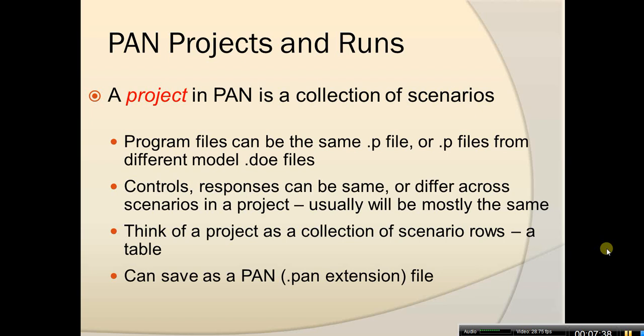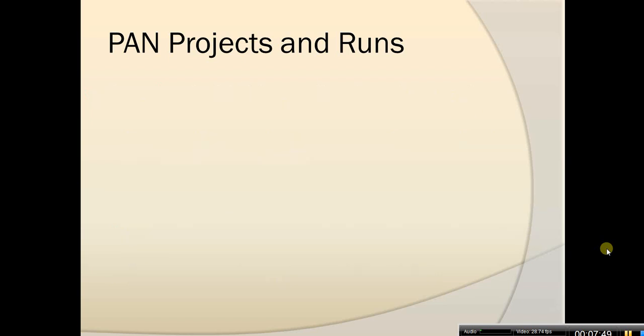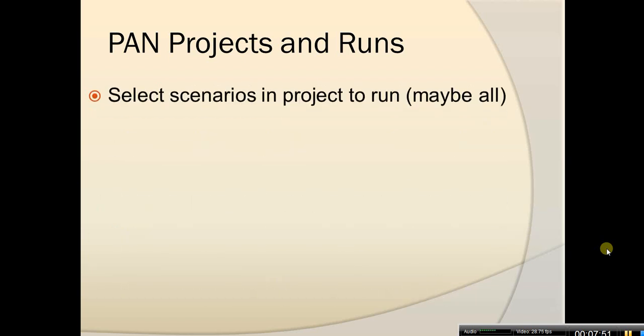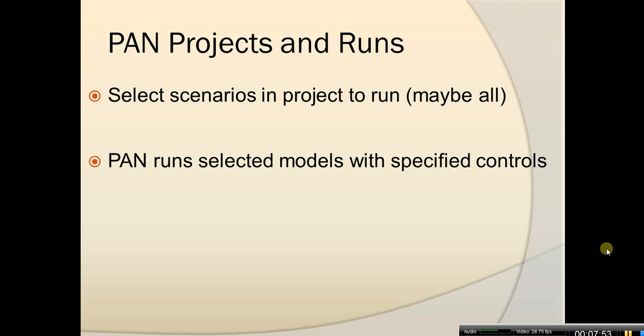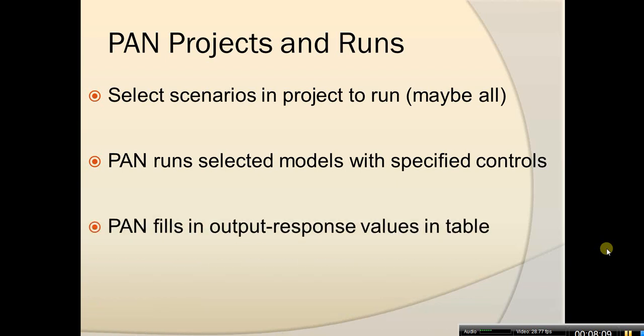And then you can save this project as a file with extension .pan, and that's your process analyzer file. So again, we can select scenarios in the project to run, and we have this advantage because the process analyzer will run those selected models for us automatically with precisely specified controls.